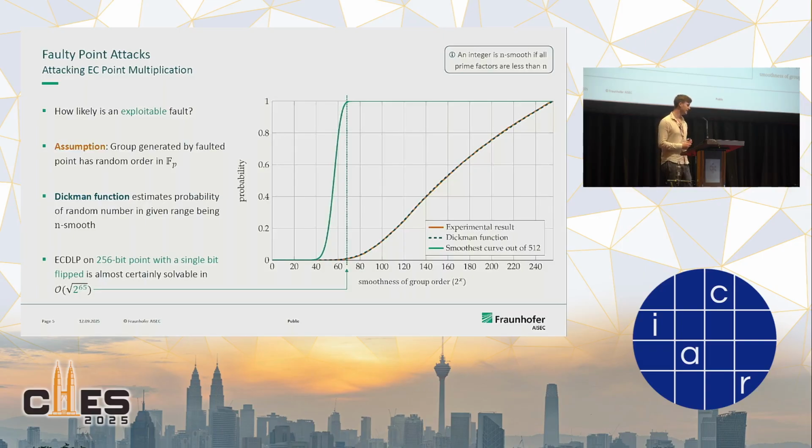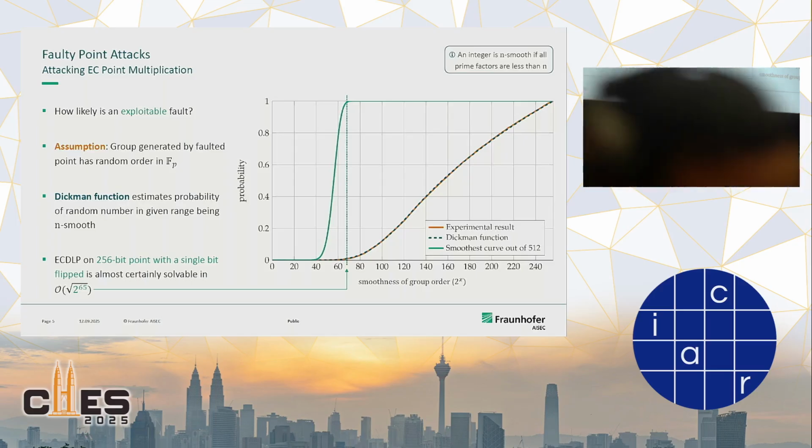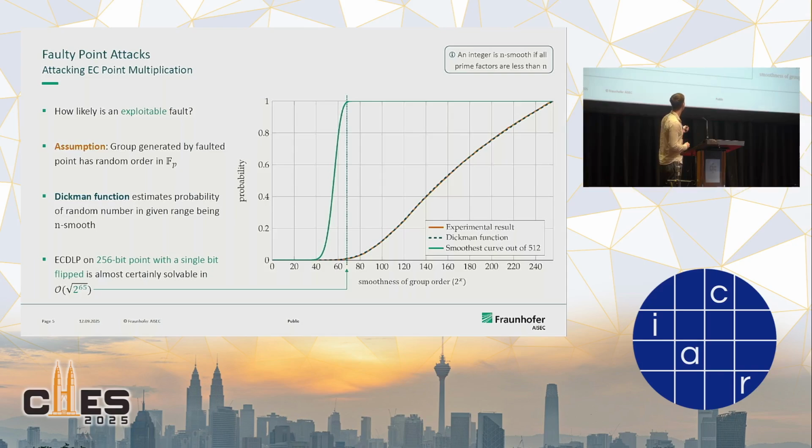And if we then look at all these candidates and calculate the smoothness of their orders, we will see that we can be almost certain that we will be able to find at least one fault where the generated curve order will be 2 to the power of 65. This is what this point here indicates. And 2 to the power of 65, or the square root of that, is something that we can kind of easily compute. So ECDLP will be pretty easily solvable there.